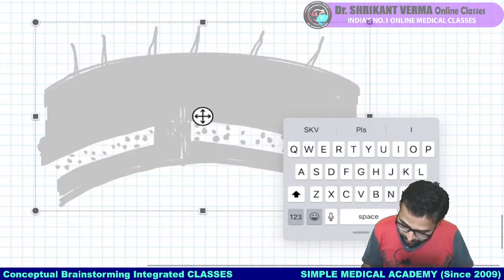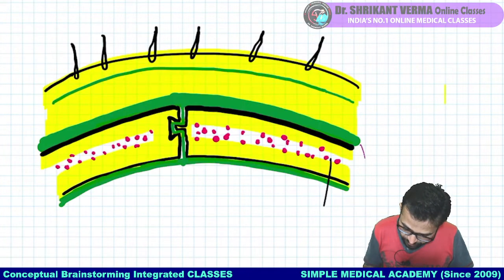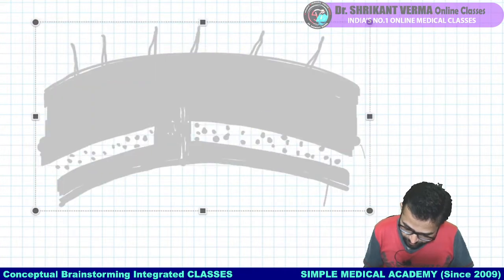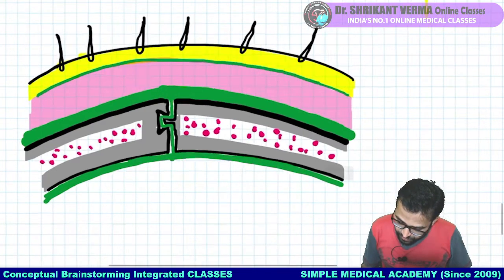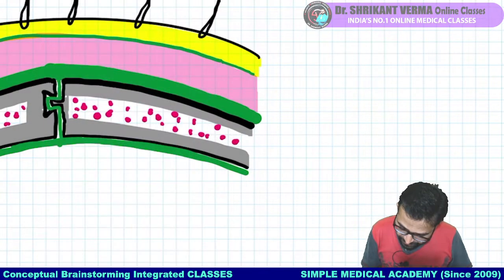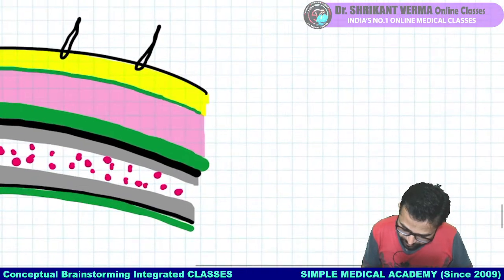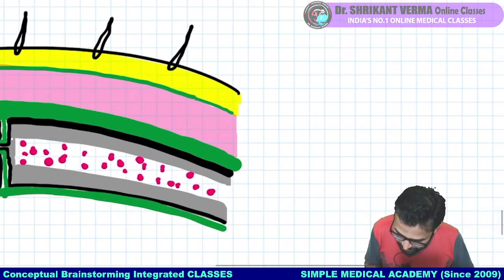So in a more detailed way, fine. So look here, the first layer, definitely that is skin with hairs.